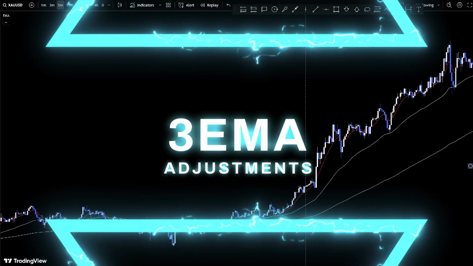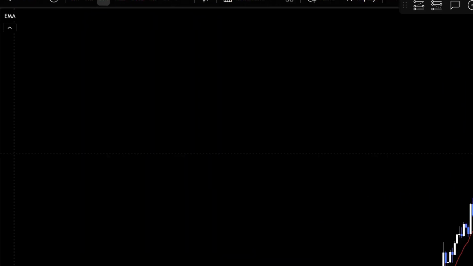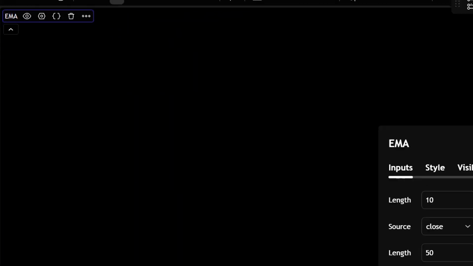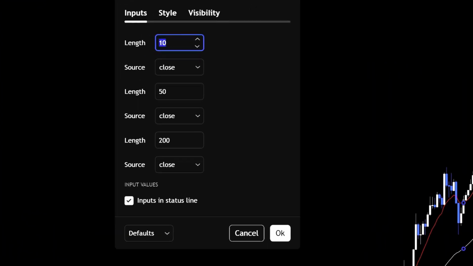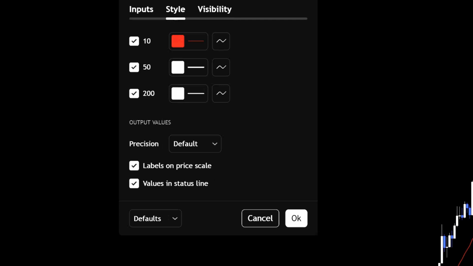For this strategy, I like to switch it up a bit. I changed the 10 period EMA to 20 and changed the 50 period EMA to 90 and kept the 200 the same.